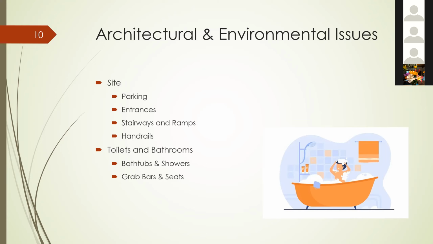There are minimum requirements to make sure that the handrail can support the weight of most people. Those are the things I would be looking for as an architect when I'm designing, or if I'm working with somebody who needs help with handrails.